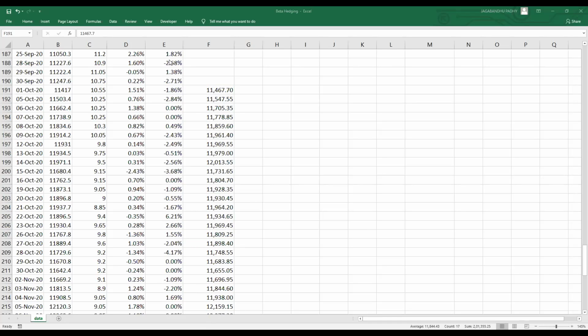So I'll just paste it in the chat box. Just go to that link and select the December 31st expiry Nifty futures price from 1st October onwards.